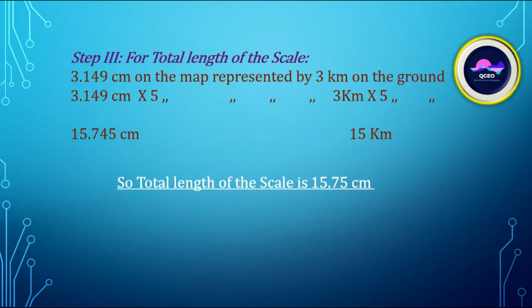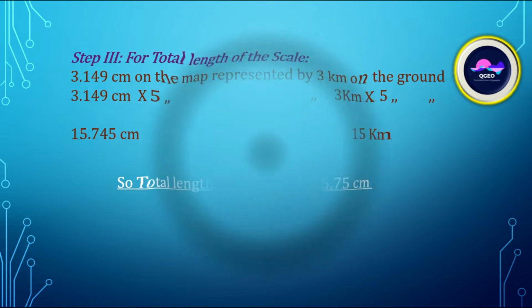We know 3.149 centimeter on the map represents 3 kilometer on the ground. We multiply here the numerical value, which will be 14 to 16 centimeter, for our better representation of a scale.